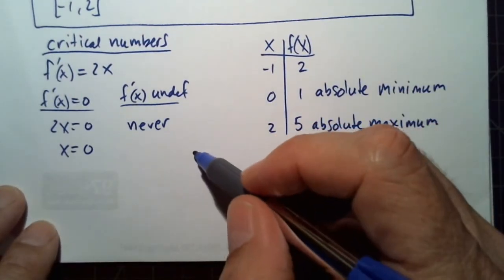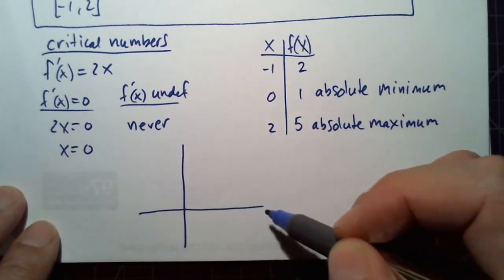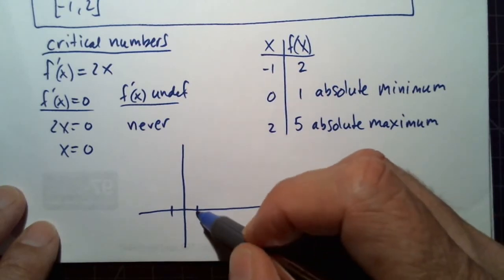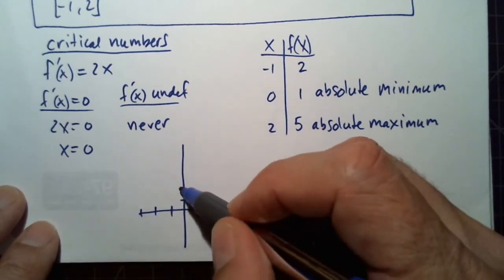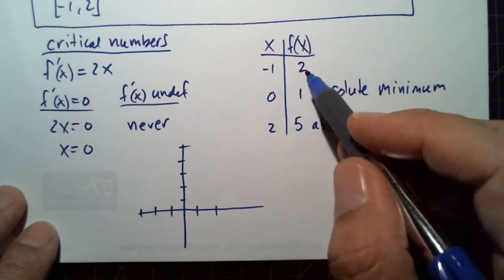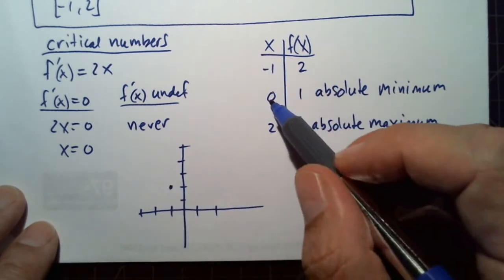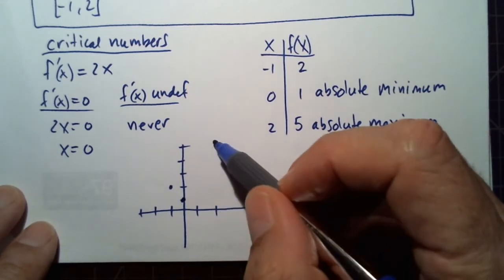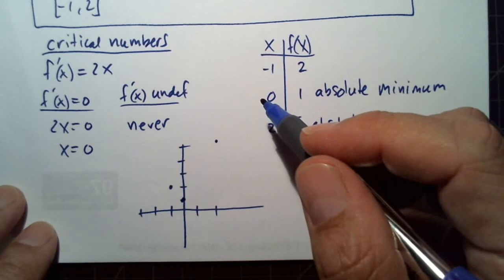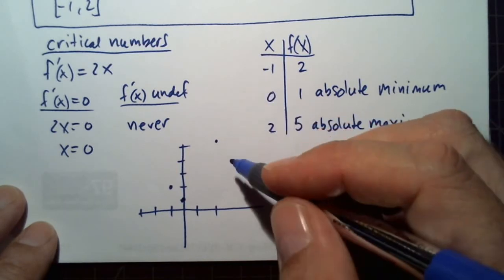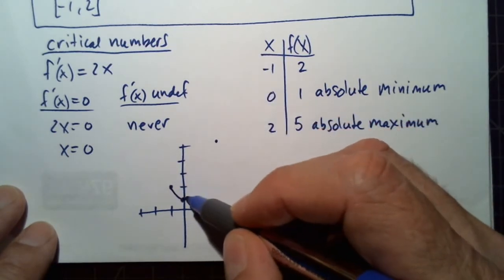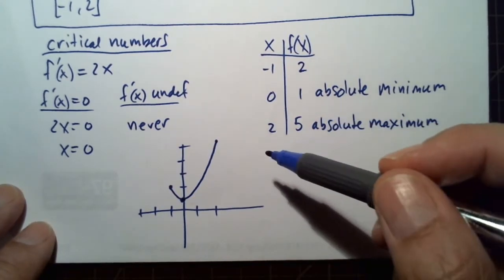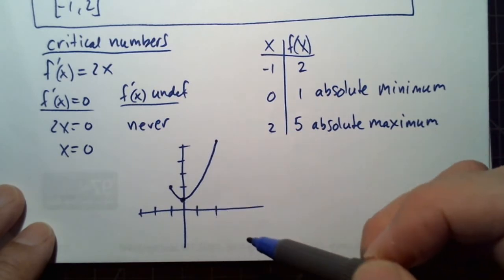We have -1, 2, 0, 1, and 2, 5. So it's going to go like that. And if we saw that graph, it would be obvious what the highest and lowest points are.